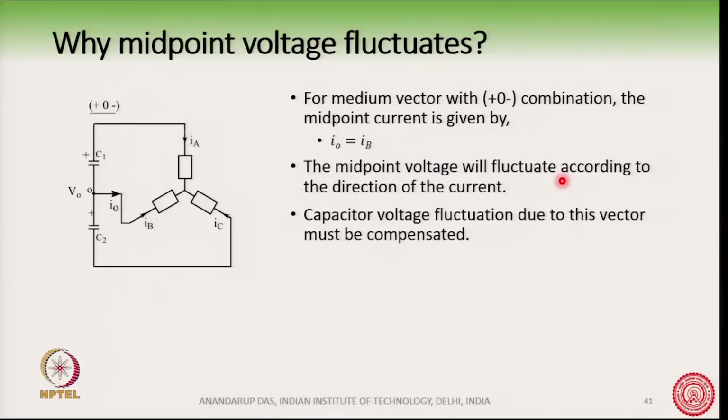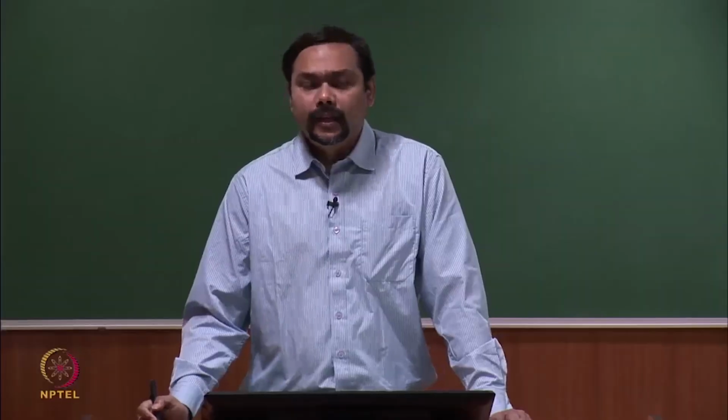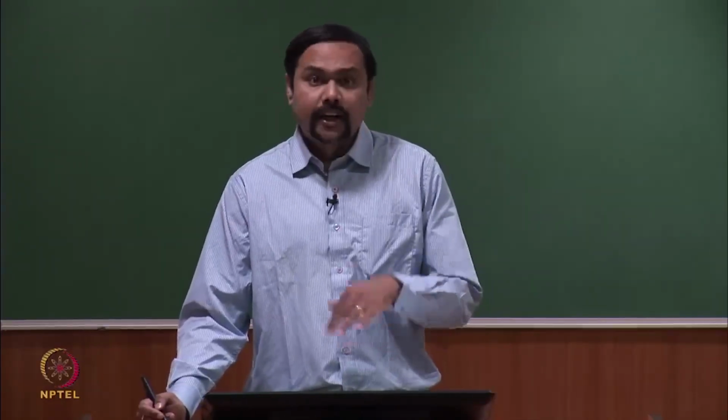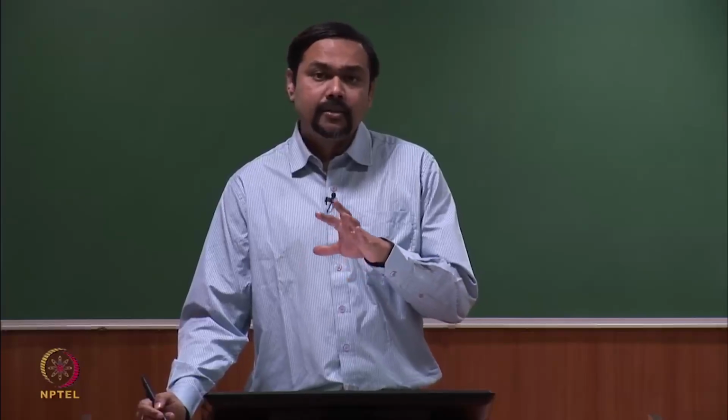Now, the medium vector has no multiplicity, and so if this medium vector is used, it will cause some fluctuation in the midpoint voltage or the capacitor voltage. It must be compensated, but there is no multiplicity on this vector unlike the small vector.